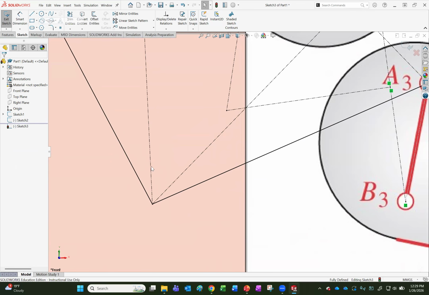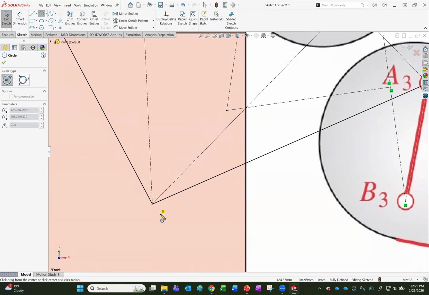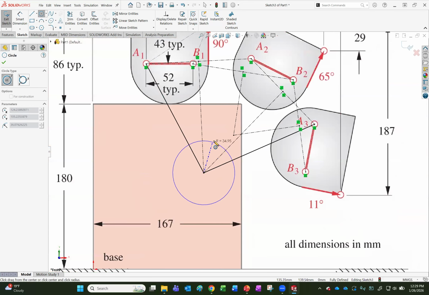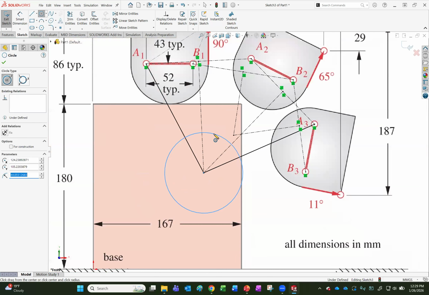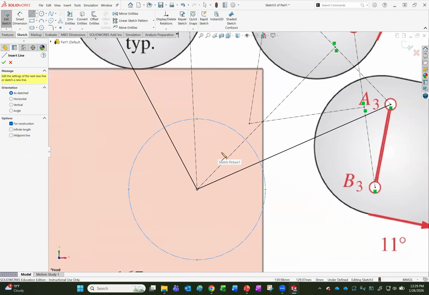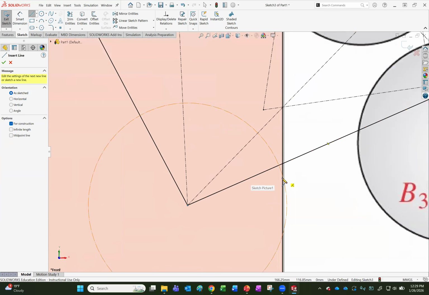I'm going to take a circle, and now I need to make a choice at how large, how far up on that rocker we want to make the driving dyad. So I went to right about there. I'm making them a construction line because it's easier to keep track of stuff, to not have too many solid lines in here.